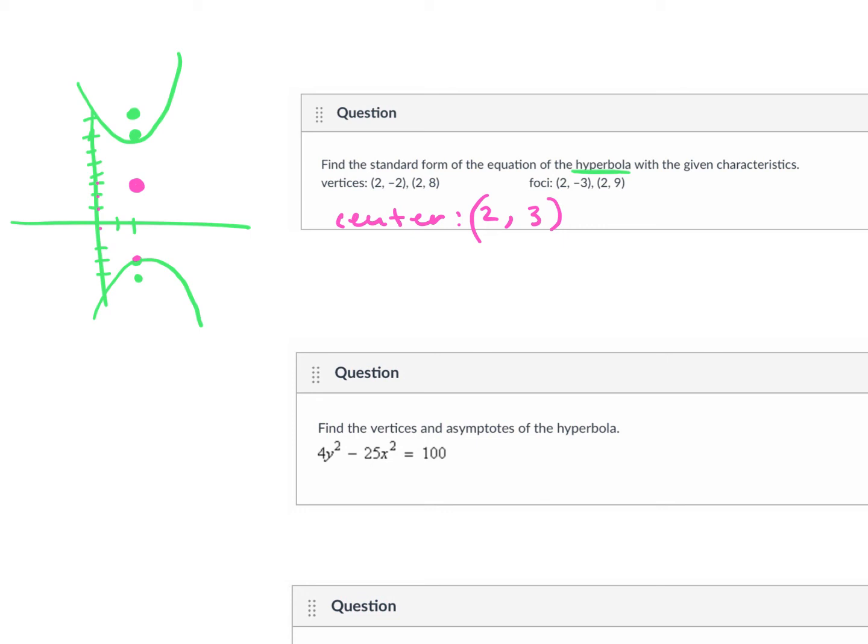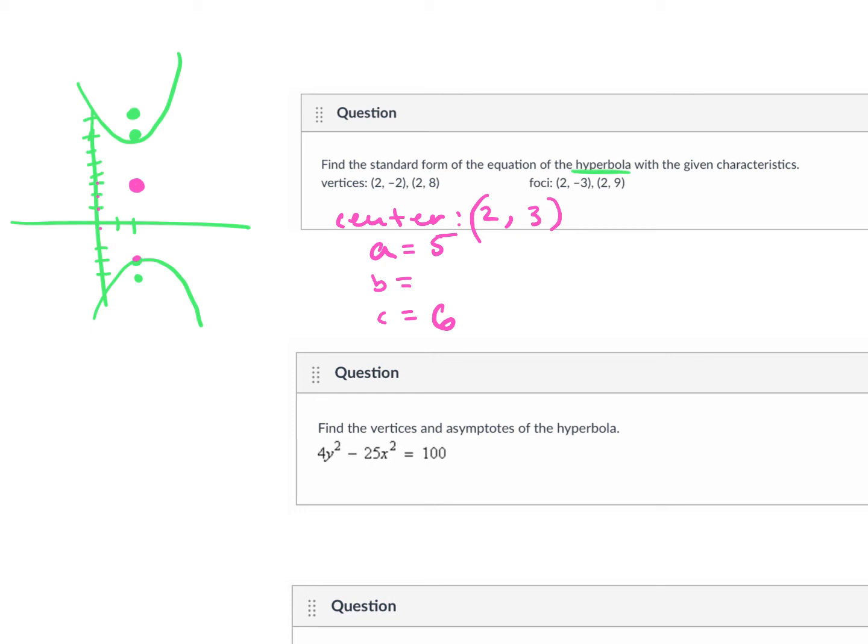And then what else can we find? Our a, our b, and our c. Do we know what the a is? Yes. What's a? 5. So a is the distance from the center to our vertex, so that is 5. Perfect. Do we know what c is? 6. That's the distance from our center to our foci.